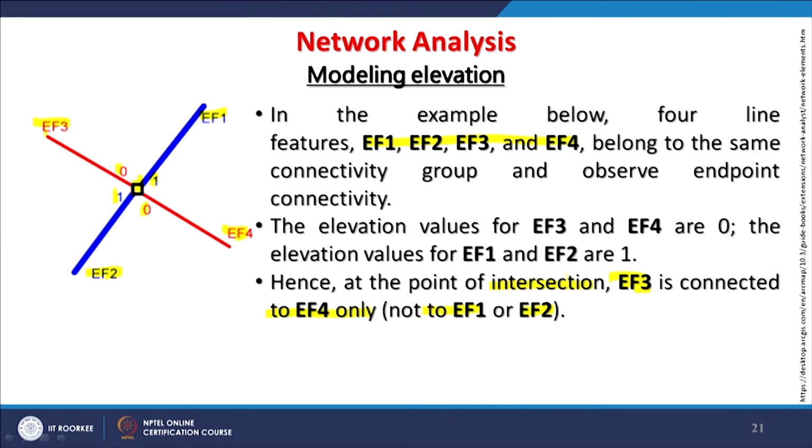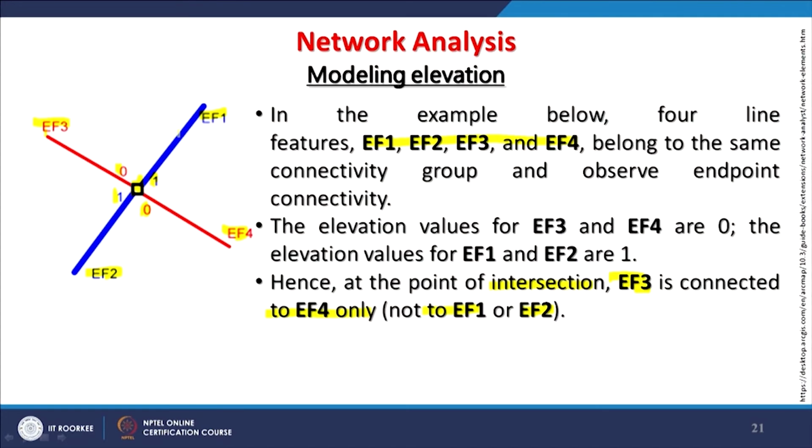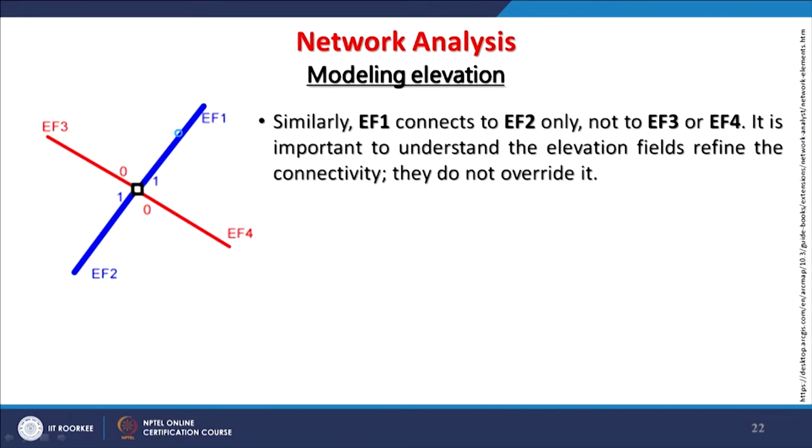Now if a junction has to be established, say in subways or in case of underground metros, then within these underground conditions, that junction has to be created. So therefore people from level 0 can reach level 1. Further, the same with EF1, which connects to EF2 only and not to EF3 and EF4.